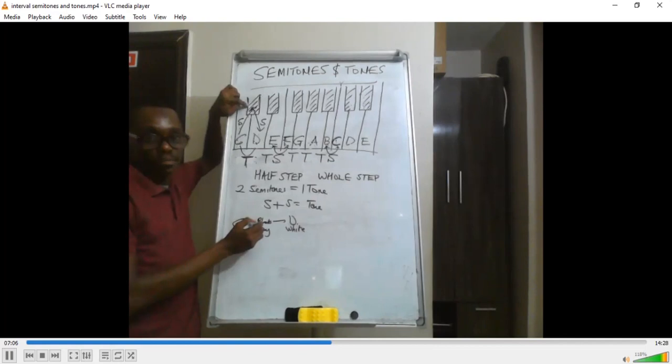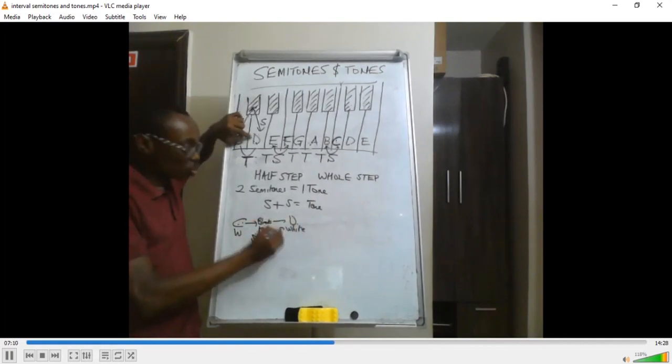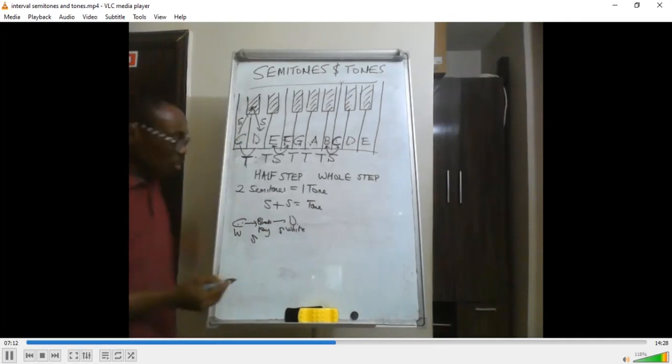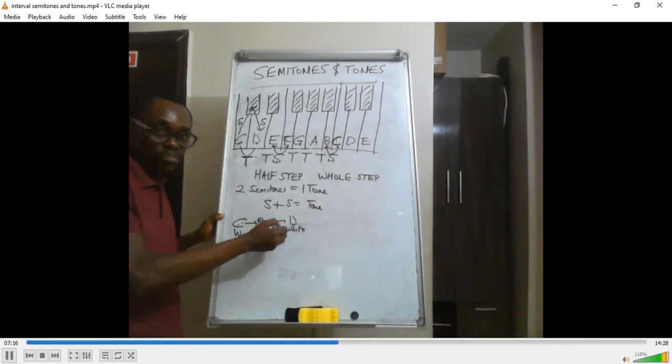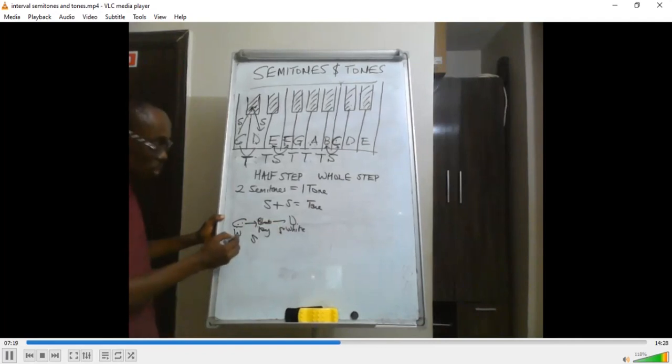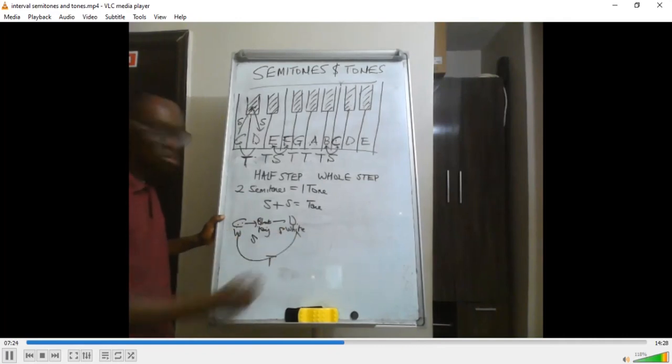From the black key to the white key D is also a semitone. Also, you can choose to jump directly from C to D without landing on the black key, which is a tone.